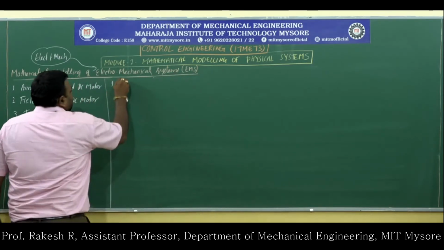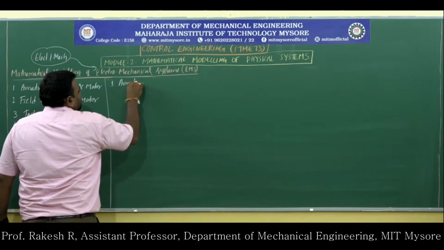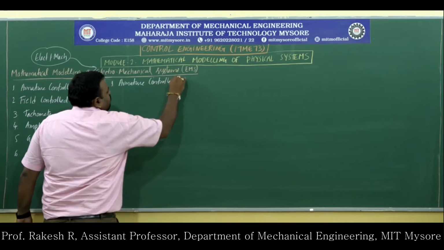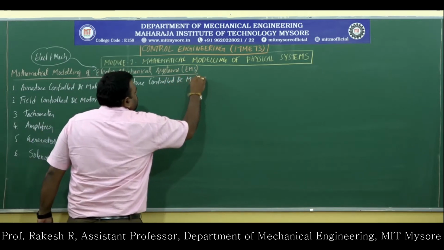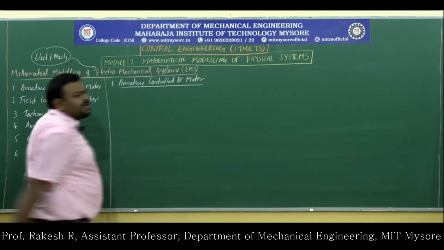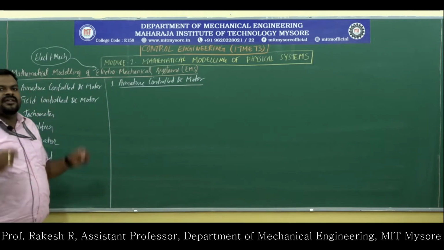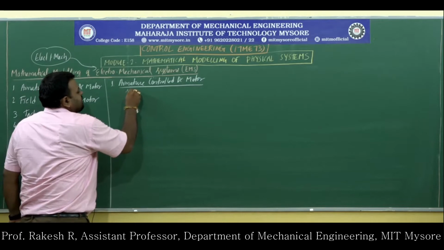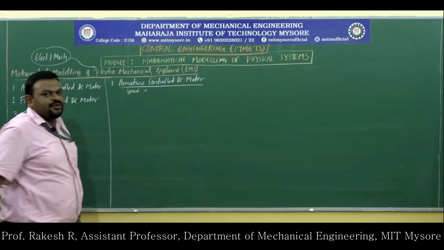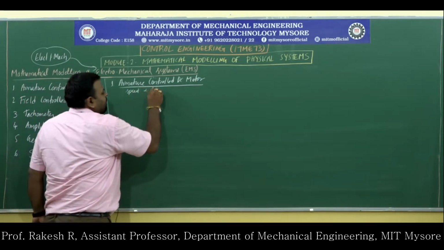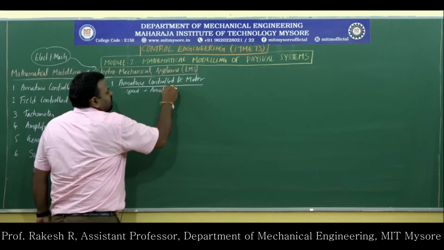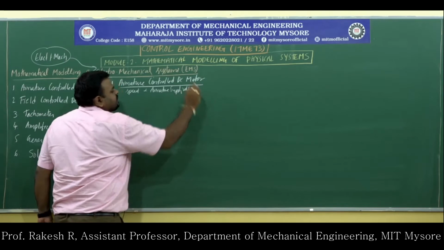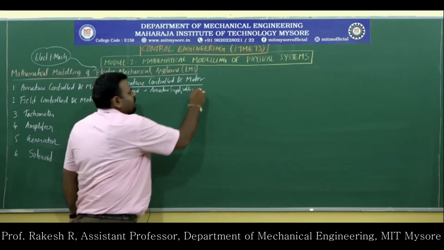First, I will take the armature control DC motor. An armature control DC motor is an electromechanical system wherein the speed of the DC motor is controlled using the armature supply voltage while the field supply voltage remains constant.